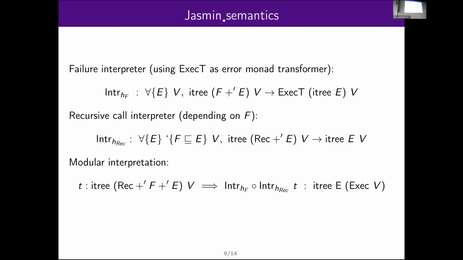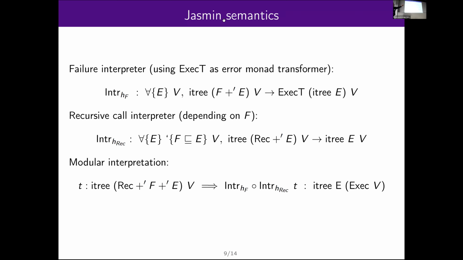Right, so the Jasmine semantics now. The main elements are a failure interpreter, which uses a monad transformer to change the return type from V to an option.